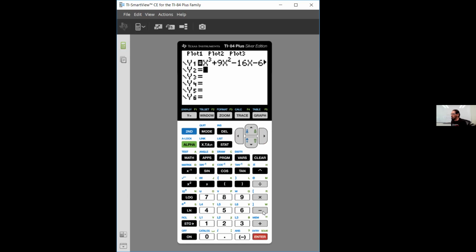Now at first, because of my rational zeros, the one with the largest absolute value is the positive and negative 60.